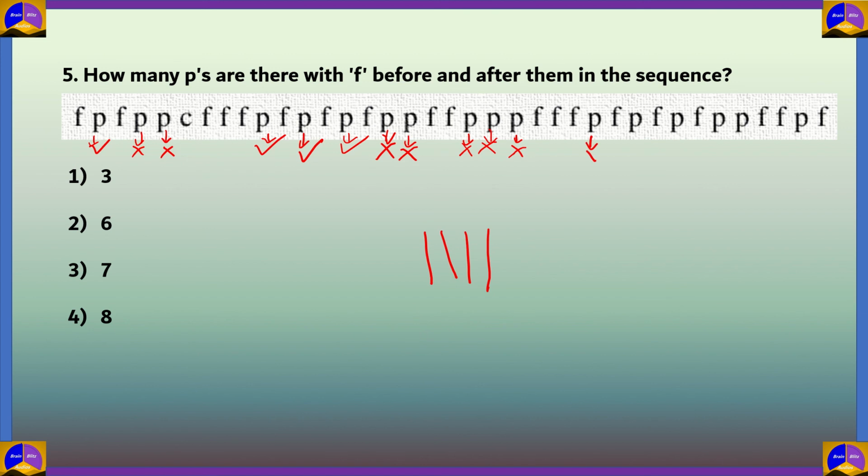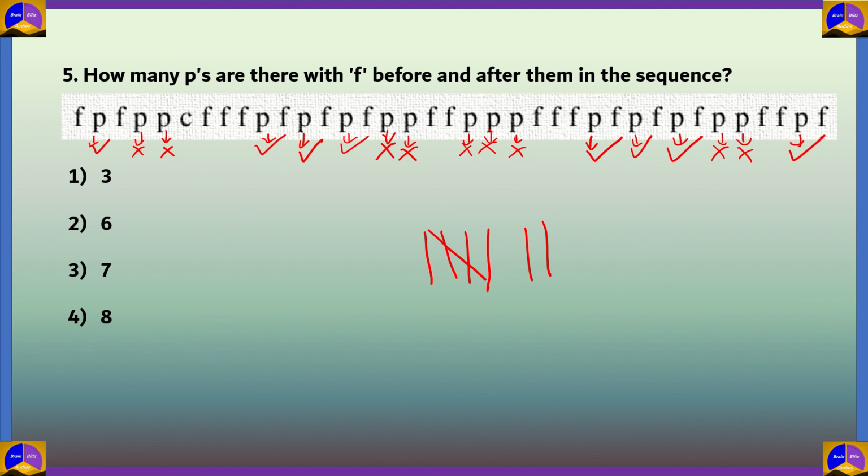And this P is correct because it is between two F's. 5. This one is also correct. It's between them. 6. This one is also correct. It's between them. 7. Now this one is incorrect because there's no F after it. This one is also incorrect because there's no F before it.